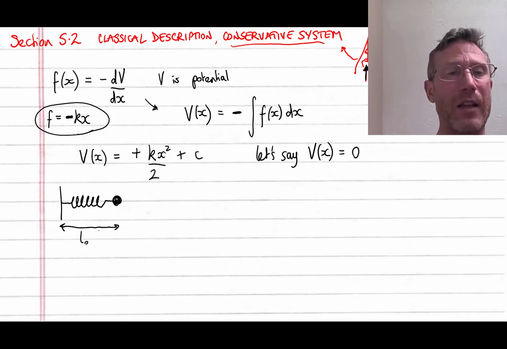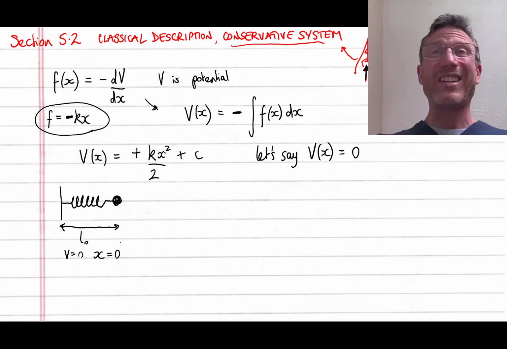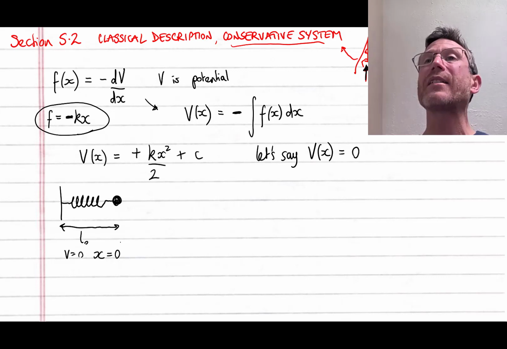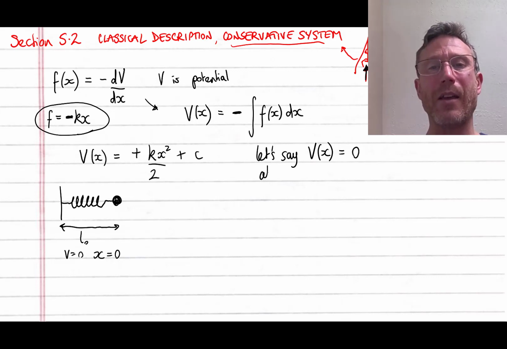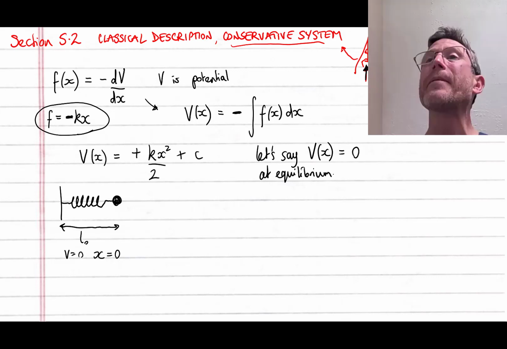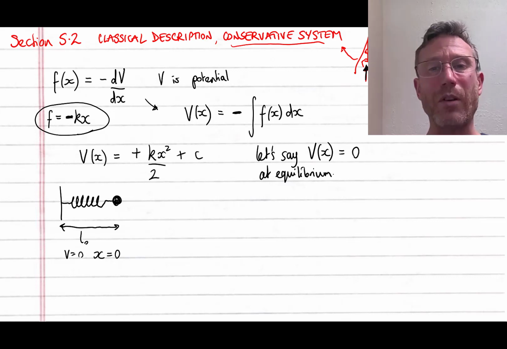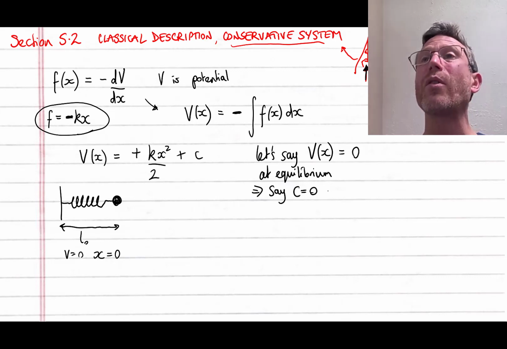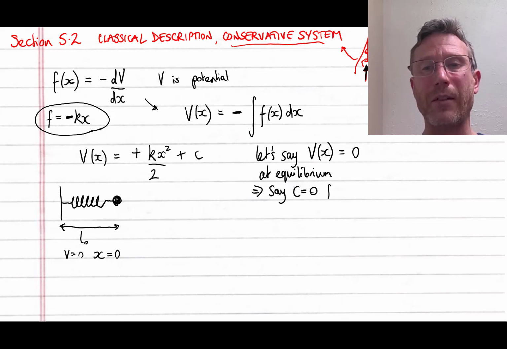At that point, the potential is equal to 0, of course, and we're going to say x, remember, is equal to 0 because L minus L0 is equal to 0, so that's x, of course. So we're going to say V of x is 0 at equilibrium, and therefore we're also going to say that c equals 0 for an undistorted spring.